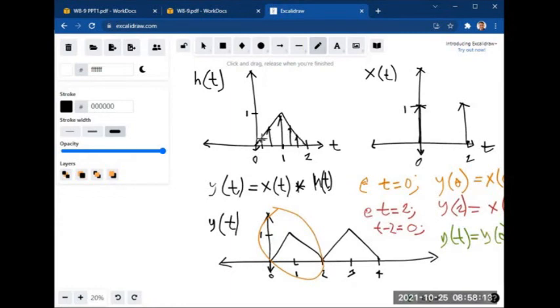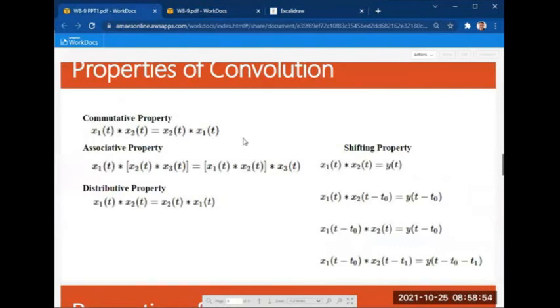Then from this input, this times this, also starting from 2. Then this one, this times this, also at 2, and so on and so forth. So if we reverse our impulse response and our input signal, the convolution will actually be the same. So that's it for our commutative property.